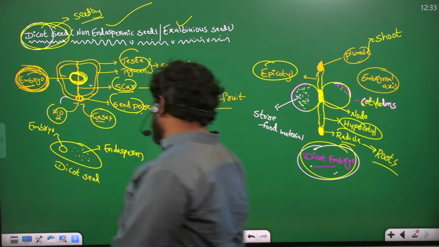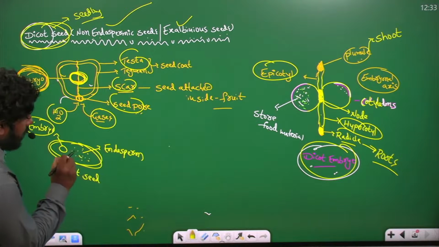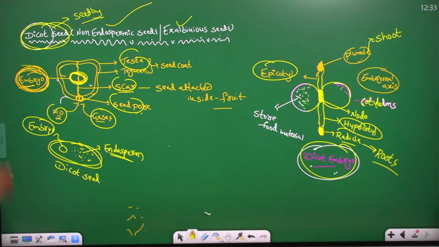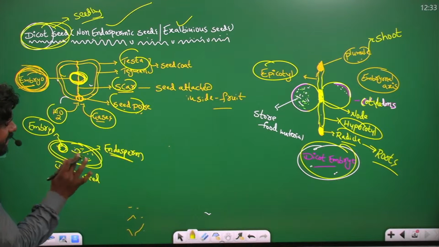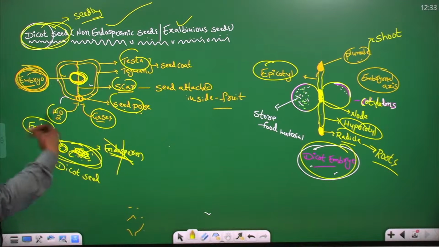Listen, this is the dicot seed. Inside the dicot seed the embryo is present, and initially endosperm is present. The endosperm provides nutrients to the developing embryo. This embryo completely consumes the endosperm. Whatever endosperm is present is completely consumed by the embryo. Finally, endosperm is not reported.